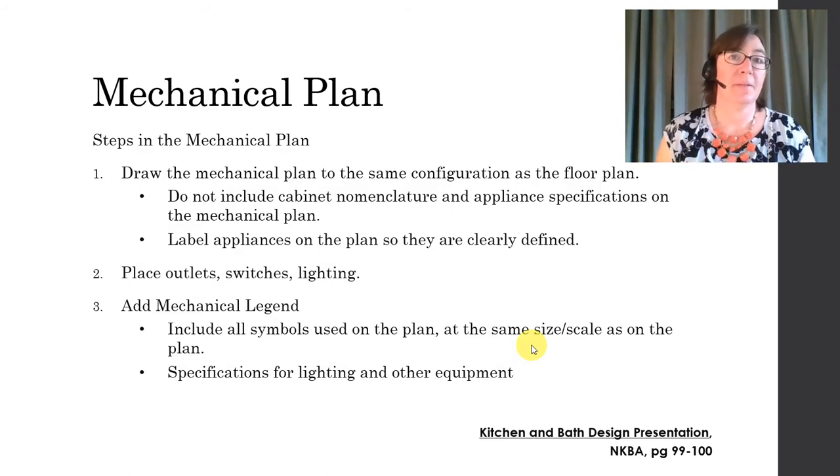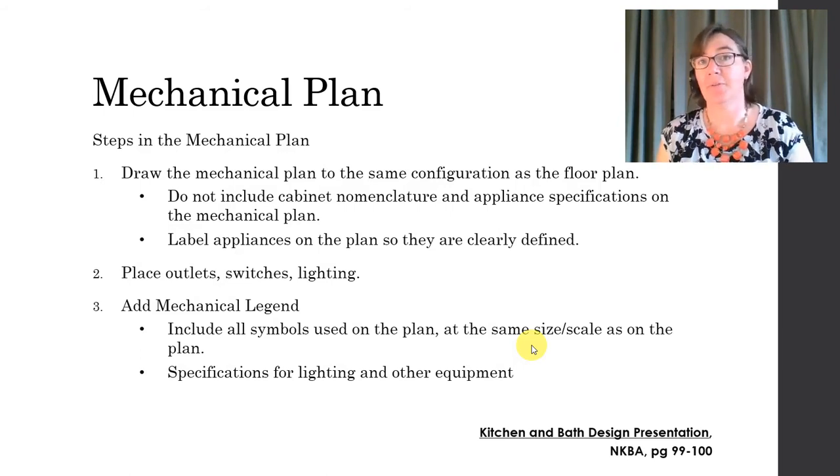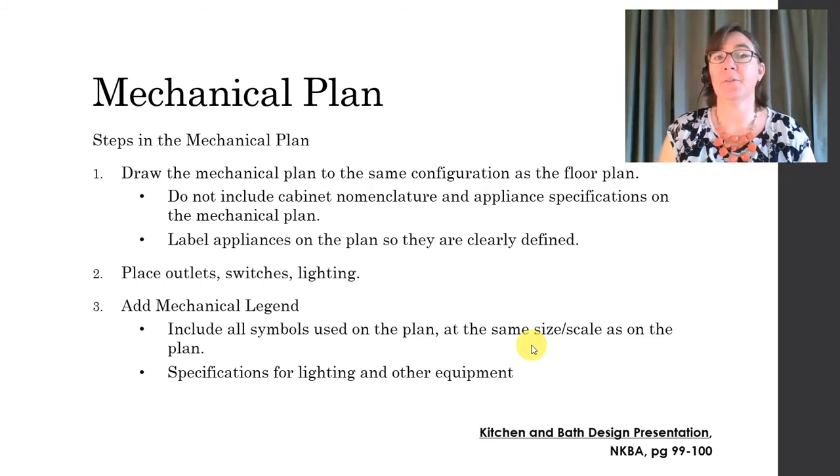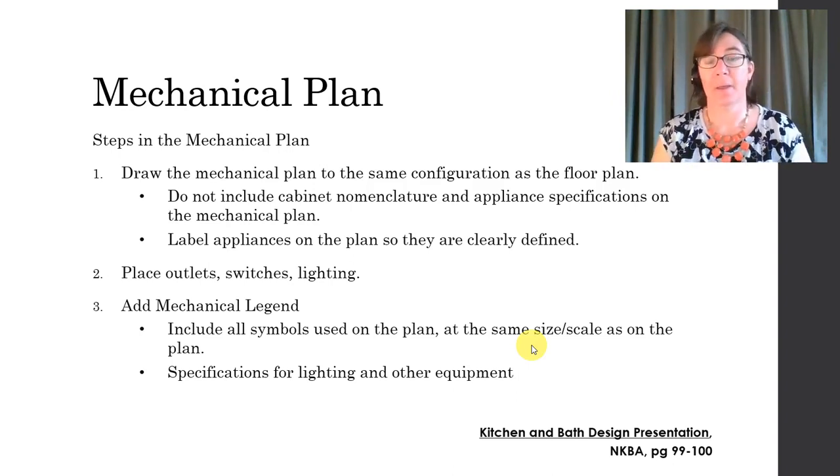So here are some step-by-step instructions for how to draw the mechanical plan, and these are taken verbatim from your textbook. All right, so first, draw it to the same configuration as the floor plan. It's very, very easy. If you're using AutoCAD, just put another layer on there. If you're drawing by hand, you're just going to trace that floor plan.